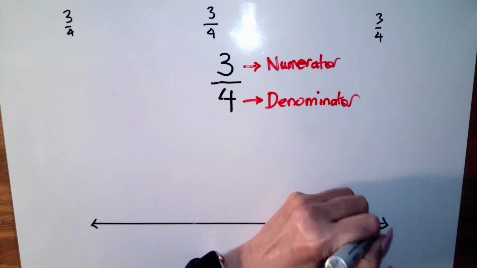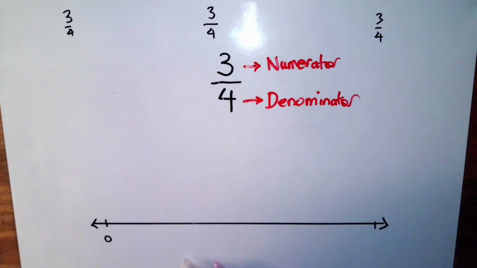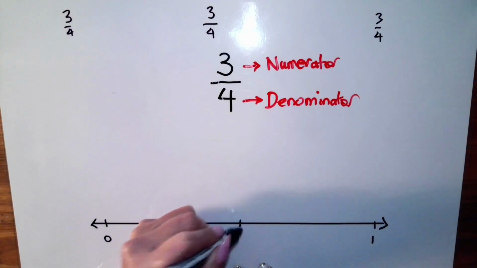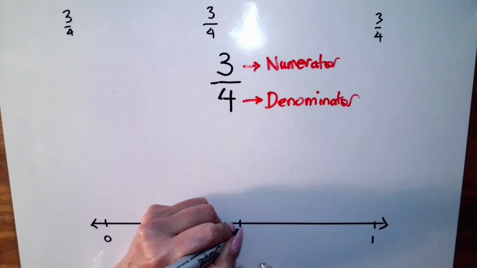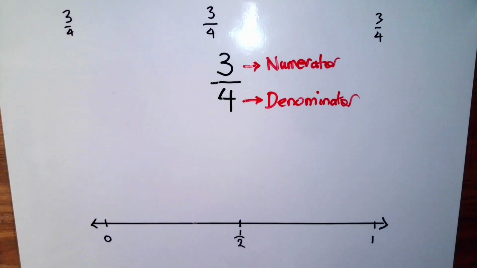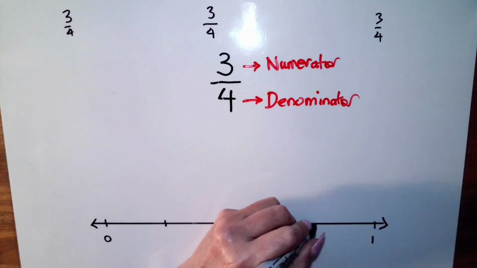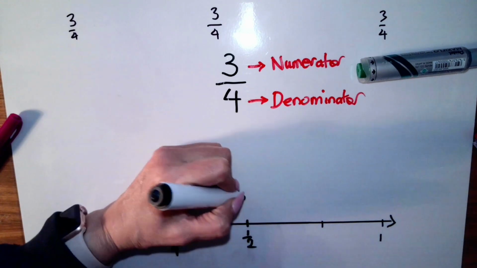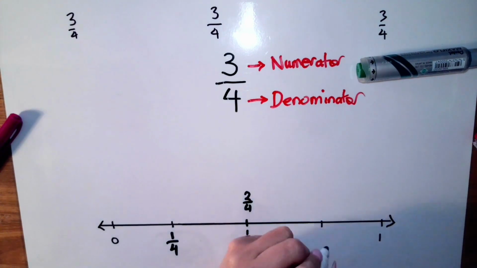So if I had my number line with 0 on one side and 1 on the other, let's practice how to partition our number line into quarters and then label our 3/4 onto our number line. I always start with getting the students to practice their benchmarking, so start with their benchmark number and then move into that. So this is 1/4, this 1/2 will be 2/4, and this will be 3/4.